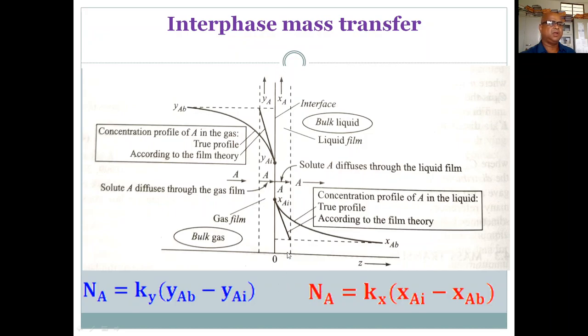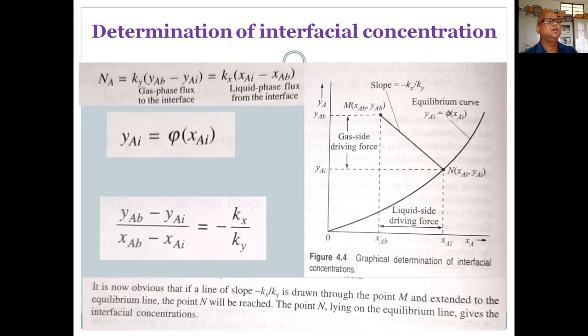Now how will you determine the interfacial concentration? What I know is that at the interface YI and XI are in equilibrium. That knowledge we have. So I can write, this is my coordinate and this is my equilibrium curve, YI equal to phi of XI.